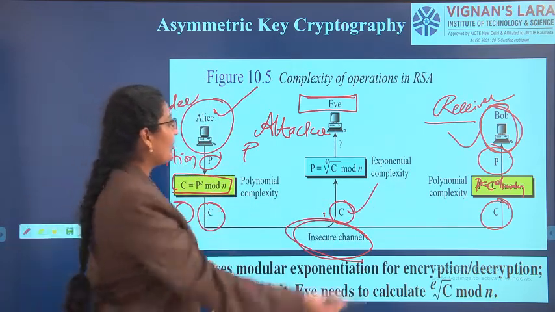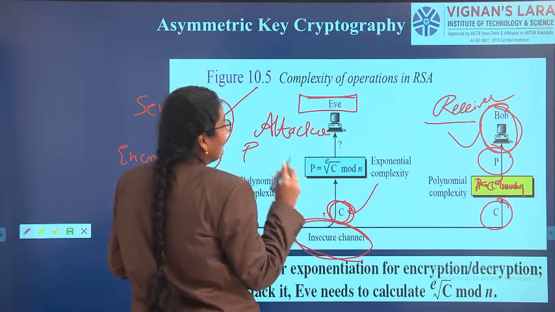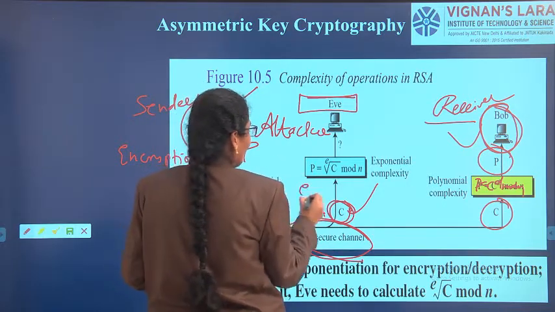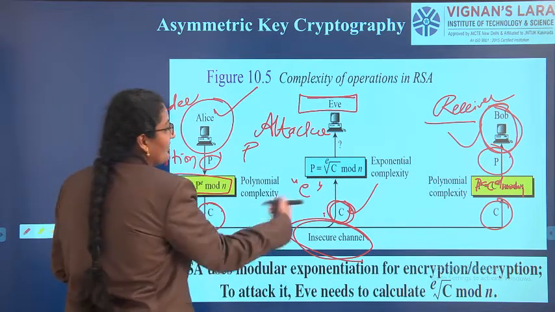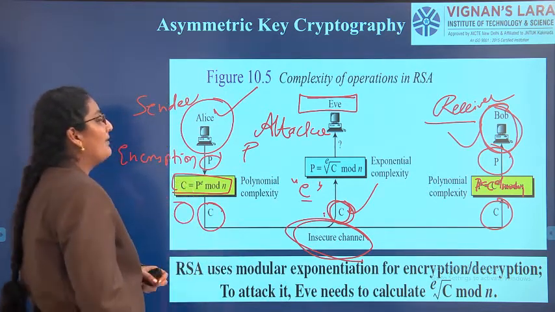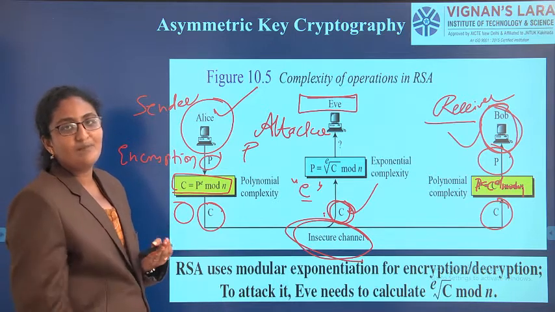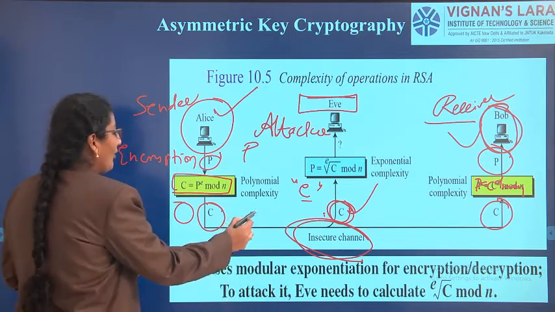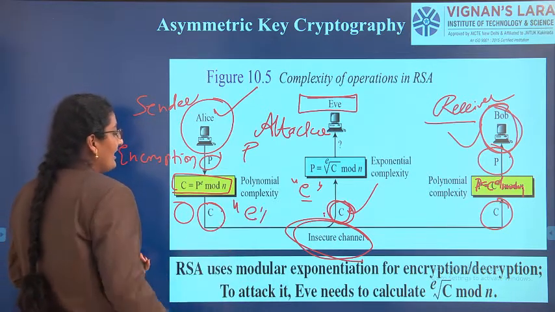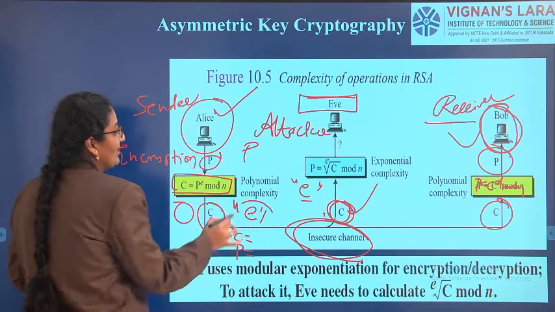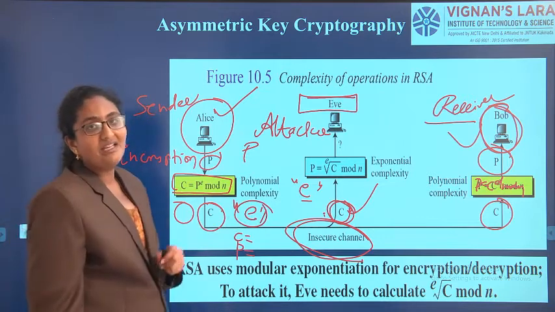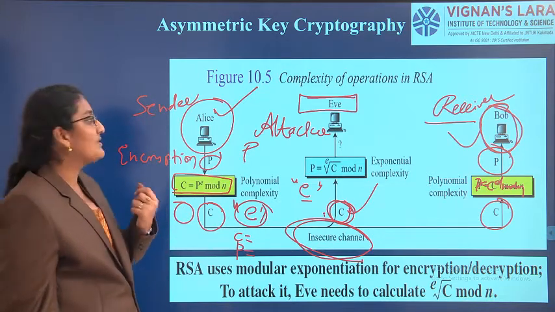If somebody attacks the ciphertext, which has the parameter E, and cannot solve for the value of E, then we get problems like the encryption exponent and decryption exponent. Finding the value of E from the formula C = P^E mod n or P = C^D mod n is where we have these problems.